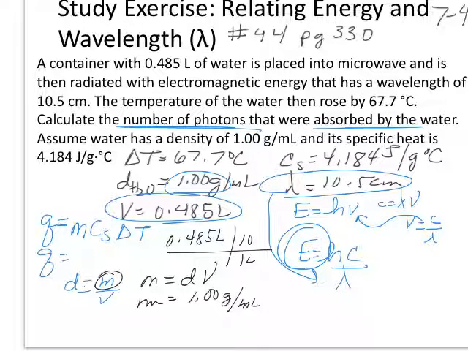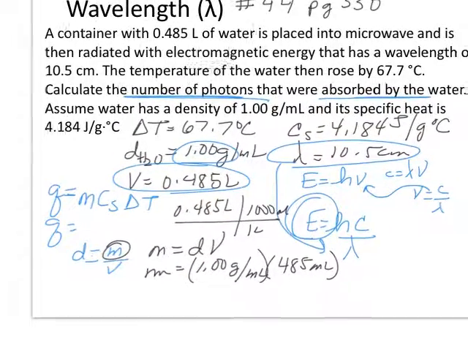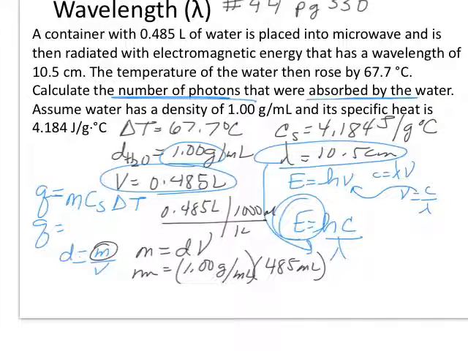For 1 liter you have 1,000 milliliters, so we're going to multiply this by 1,000 to get 485 milliliters. When you do that, your mass becomes 485 grams because the milliliters cancel out and you're left with grams.